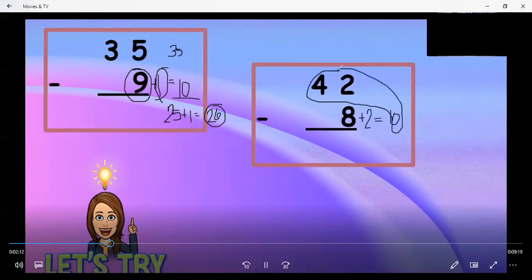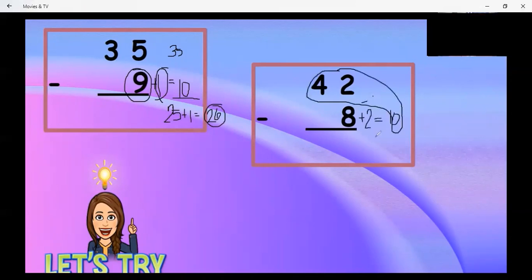So 42 minus 10, the answer is, what do you think? The answer is 32. But since we added 2 to 8, we will add 2 to the difference. So 32 plus 2, the answer is 34.